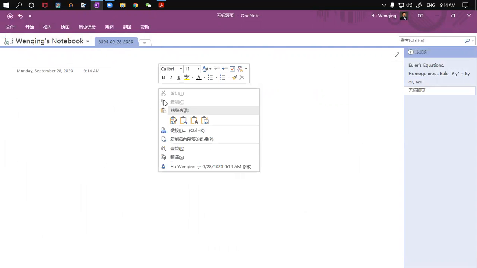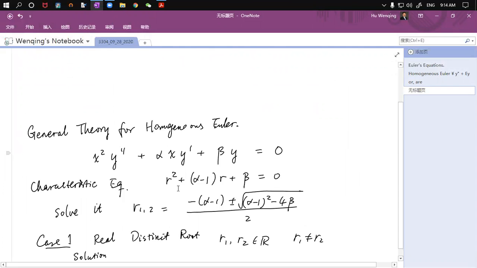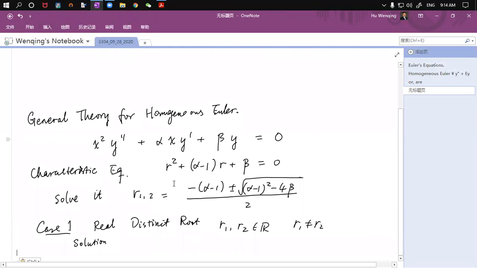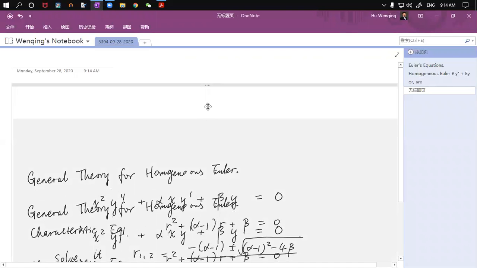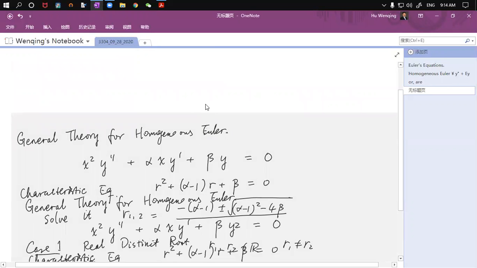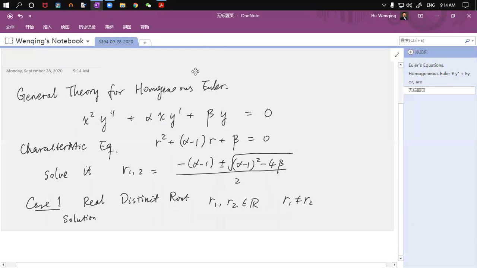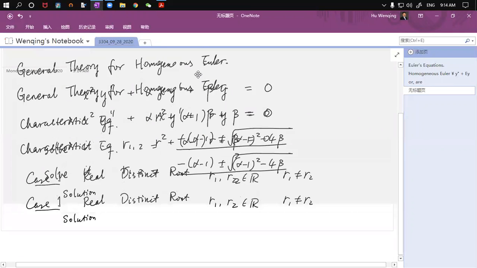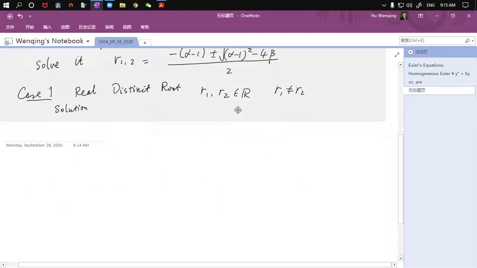So the solution theory is going to take the following form. That's the general theory for our homogeneous Euler equation.